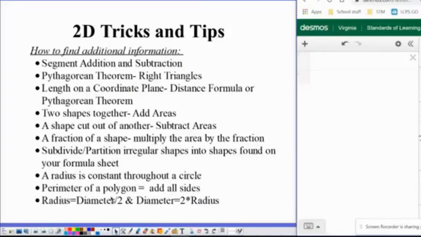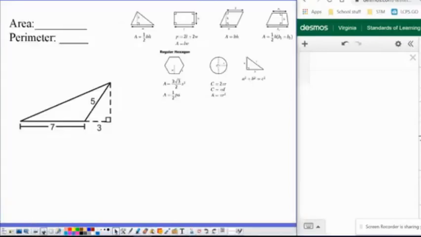So just make sure you remember all of these and keep them in mind when you are problem solving. So right now, first I see that I have a triangle. So I'm only going to be using formulas that are underneath the triangle. So for the area of a triangle, I look here and the area is 1/2 times the base times the height.